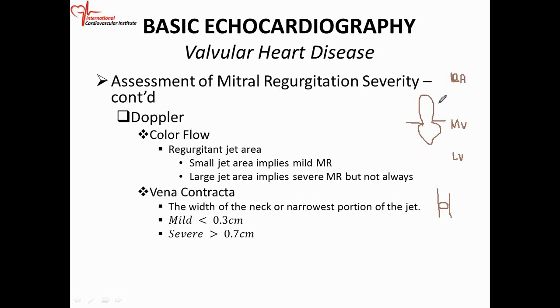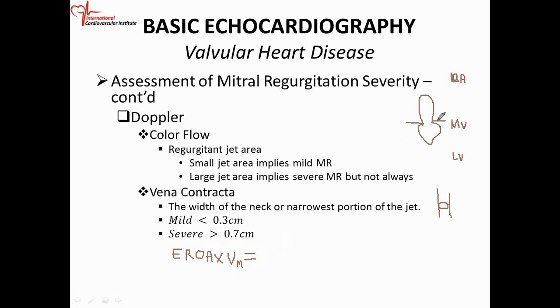So the regurgitant flow is equal to the area through which the regurgitation is occurring, that is the EROA, times the velocity, the mitral regurgitant velocity. So that's the regurgitant flow, and that is equal to the flow at PISA.